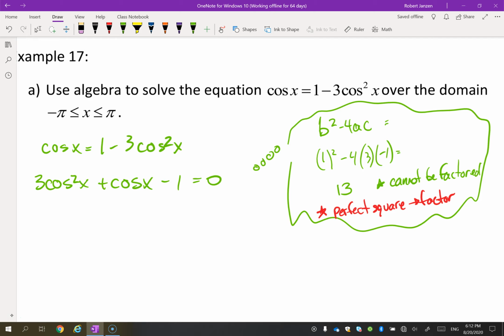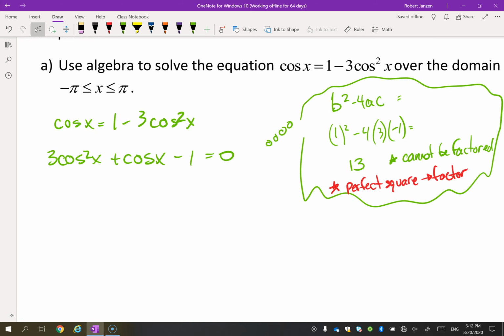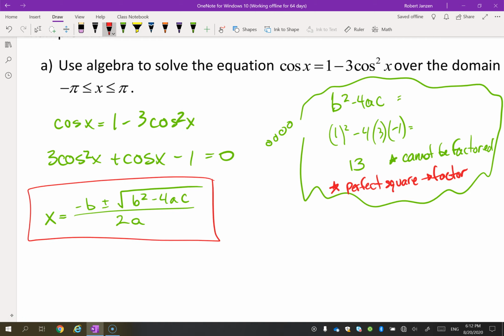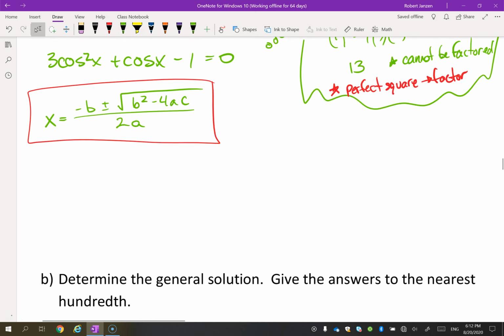You have to use the quadratic formula. Okay, and if you remember, the quadratic formula is x equals negative b plus or minus the square root of b squared minus 4ac over 2a. This is the quadratic formula. It's actually on your formula sheet, which should be a hint that you will need to use it.